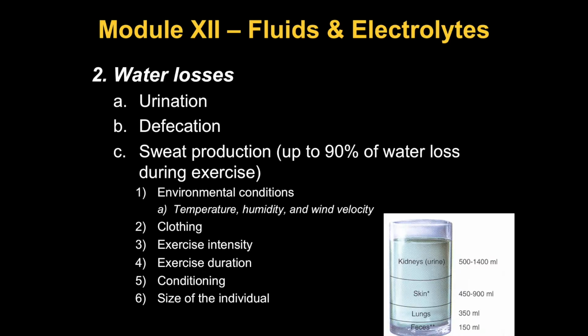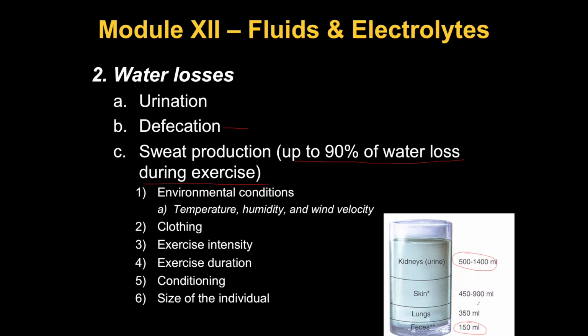As far as water losses are concerned, well, we can lose water through urination. So the kidneys will produce about 500 to 1,400 milliliters of fluid every day. Defecation, so feces represents a small amount, about 150 milliliters of loss there. Sweat production in an athlete can represent a substantial amount, up to about 90% of water loss during exercise.